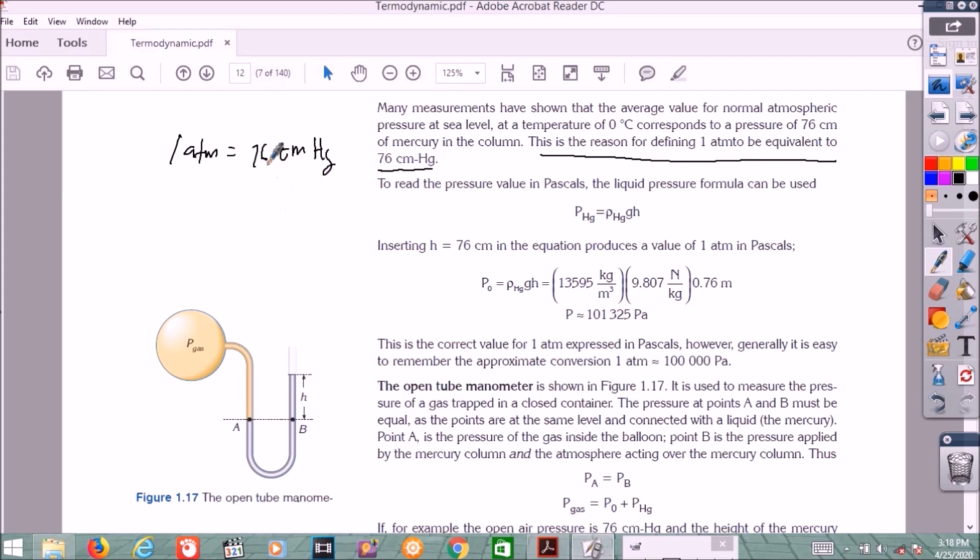This is where it comes from: 1 atm is equal to 76 centimeters Hg.